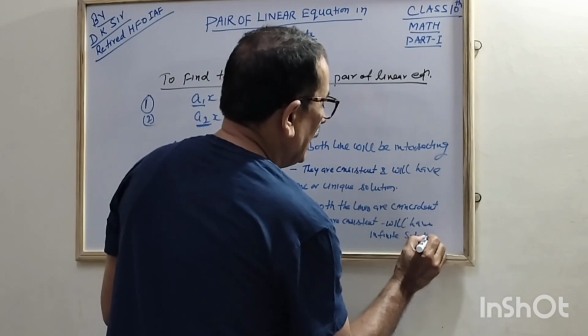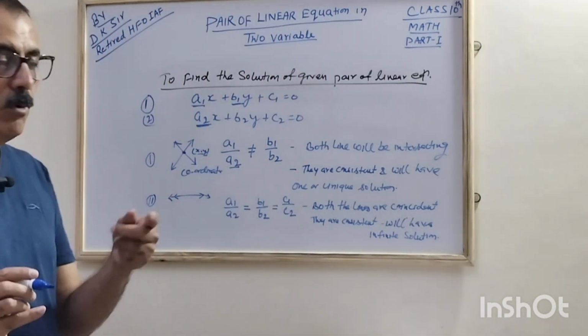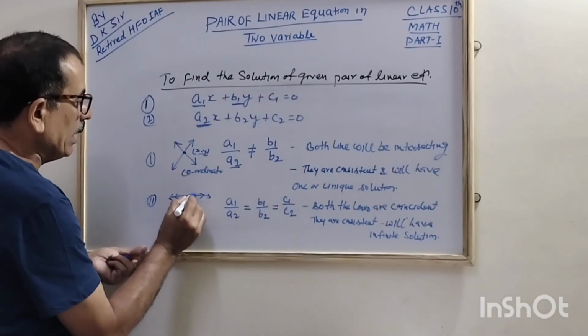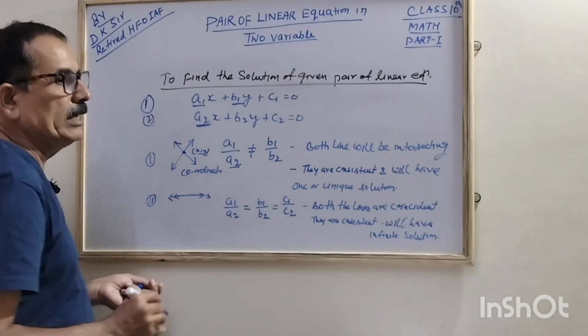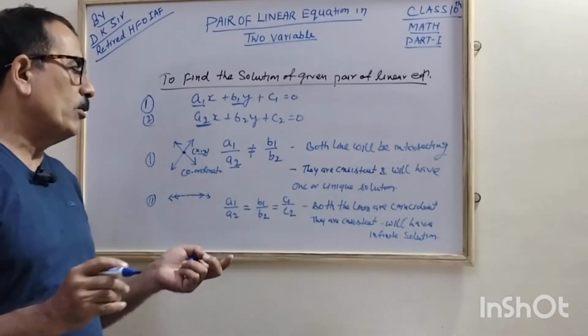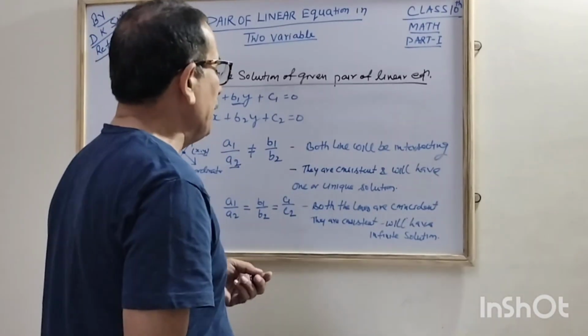Why do we say infinite solutions? Because we can say it is intersecting at infinite points, correct? At every point both are touching each other, so the values of x and y will be infinite, many solutions.